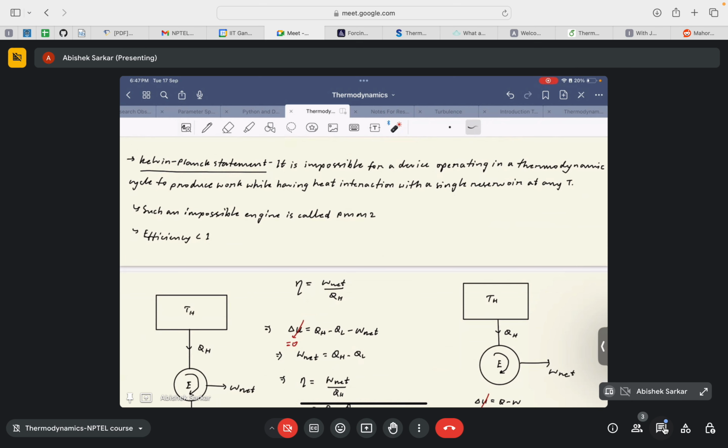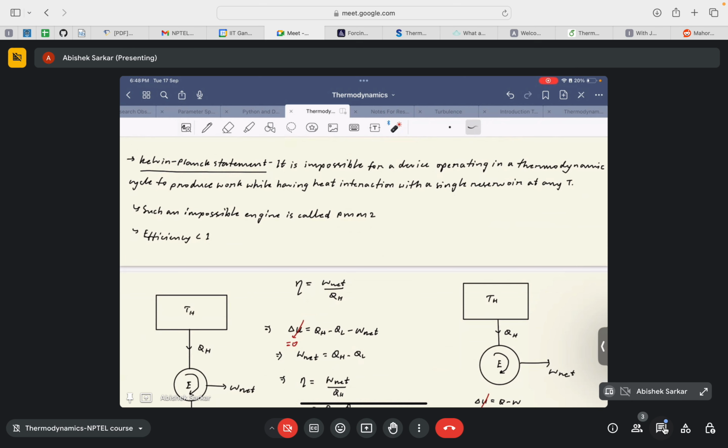It is similar to perpetual motion machine 1, a system continuously producing work without any net input, which we discussed when we were discussing the first law of thermodynamics. Similarly, while discussing the second law, we have introduced a perpetual motion machine 2, a device that produces work while interacting only with a single thermal reservoir.